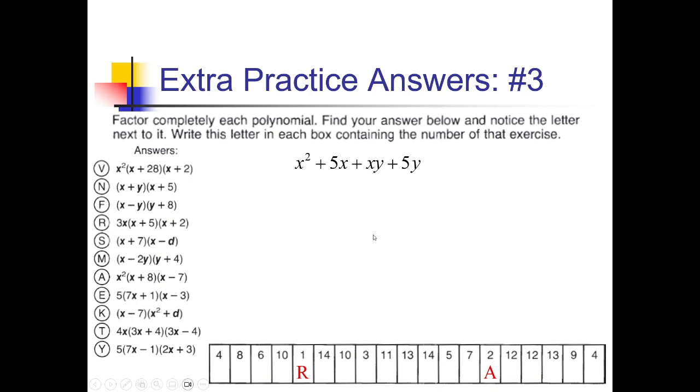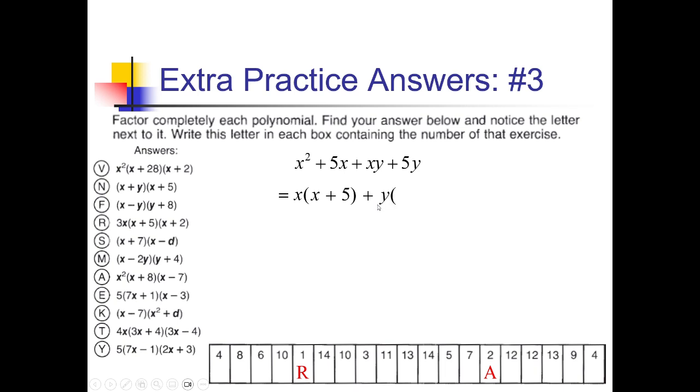On this next problem, I noticed that I've got 4 terms. Can't take any common factors out of all 4, but I can use grouping on what I've got here. For my first 2 terms, I have an x that I can take out of those. That leaves me with an x plus 5. And then the next 2 terms, those both have a y that they can contribute.